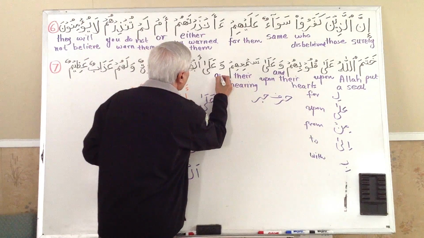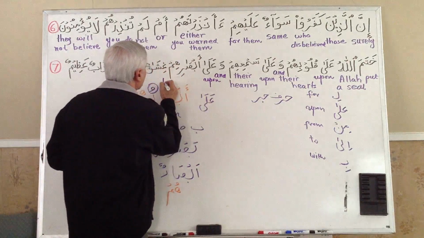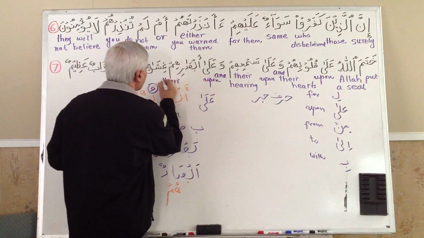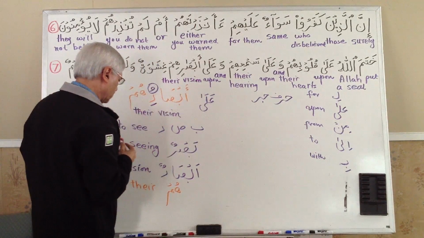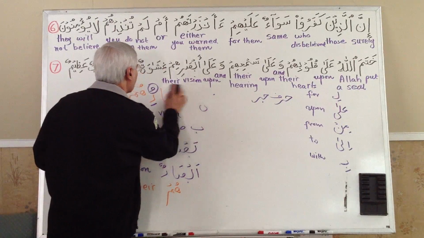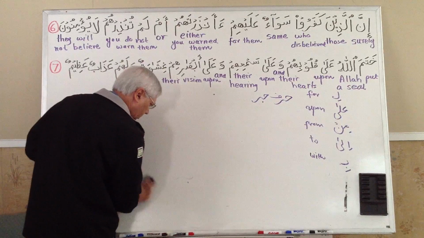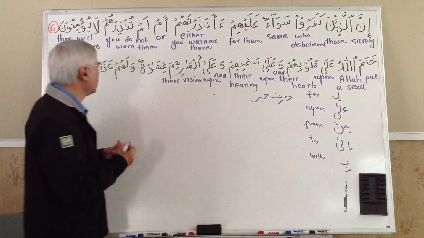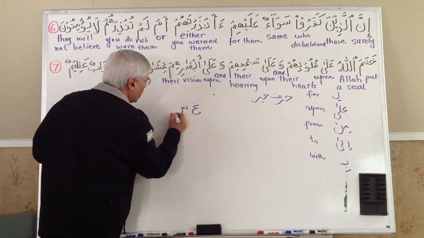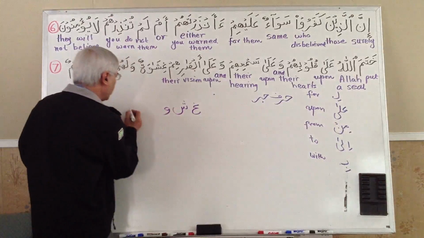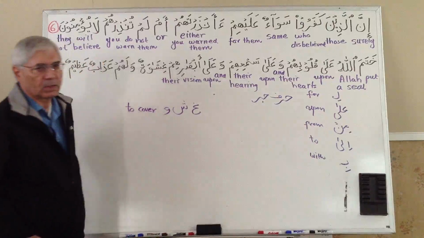And upon their vision, what happened upon their vision? This word ghain, sheen, and wow means to cover. To cover something.